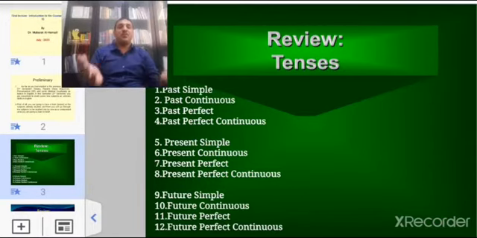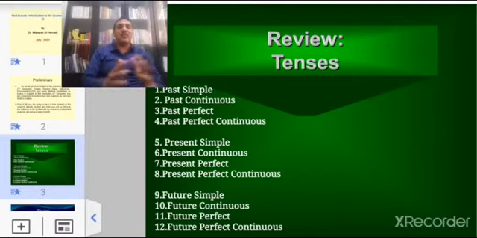So for example, I studied hard last semester. I learned tenses last semester. I studied mathematics or physics or chemistry or medical vocabularies last week, yesterday.